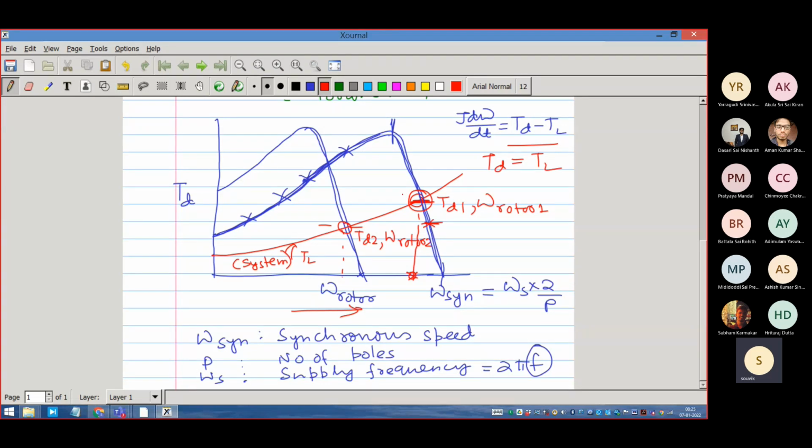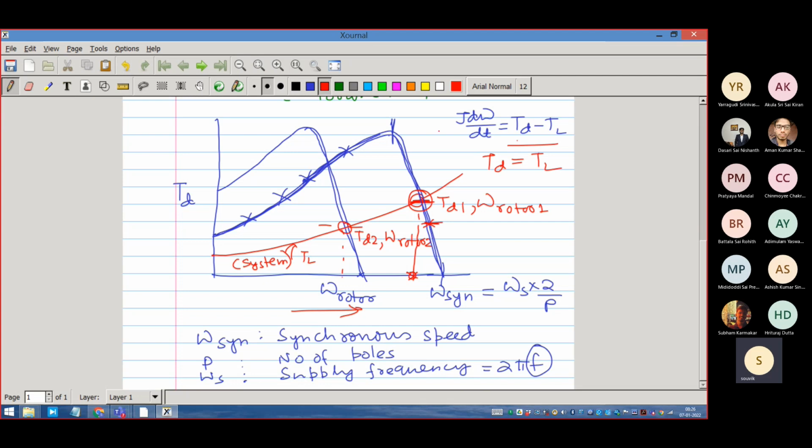This is the equilibrium point, right? Whenever you move a little bit away from that equilibrium point, either the developed torque is more or the developed torque is less. You see that the direction is nice, because if the speed is somehow increased, then the developed torque reduces as per the motor torque speed characteristics. So it has a tendency of again reducing the speed, because the developed torque is reduced.